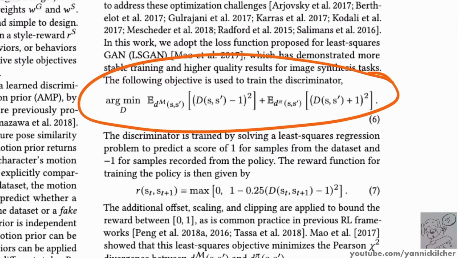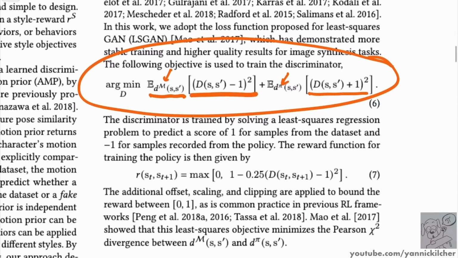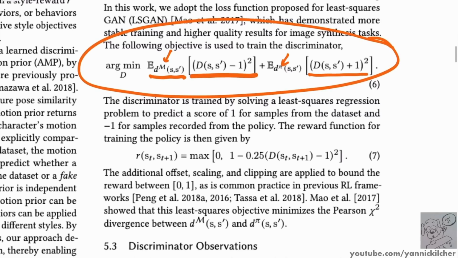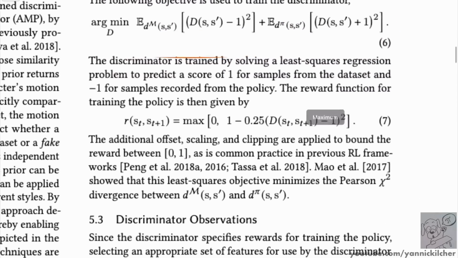You can see the discriminator is trained to be close to 1 if the data comes from the real data set, which is capital M here, and it's trained to be -1 when it comes from the policy. Okay, so nothing stops the discriminator from spitting out any number like 15 or 3. It's just trained in a least squares fashion to go to these numbers, which gives you a better gradient.